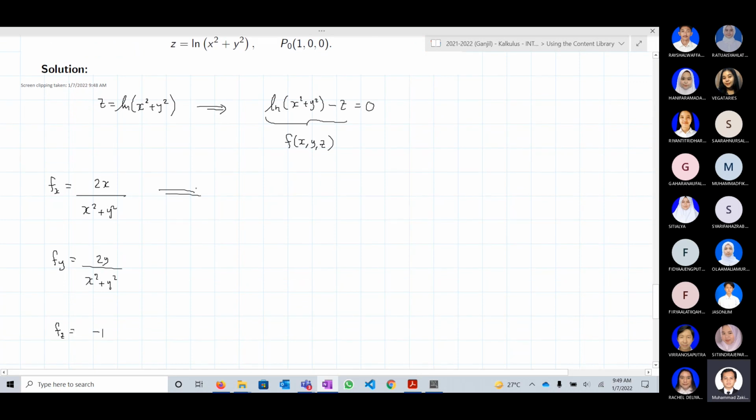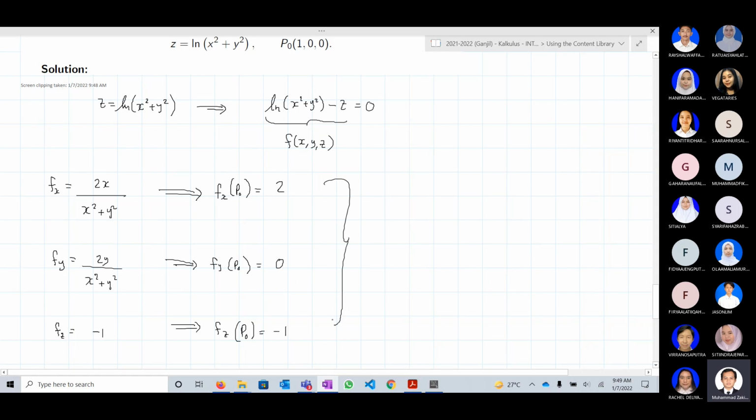So fx at p0 is 2, fy at p0 is 0, and fz at p0 is minus 1.